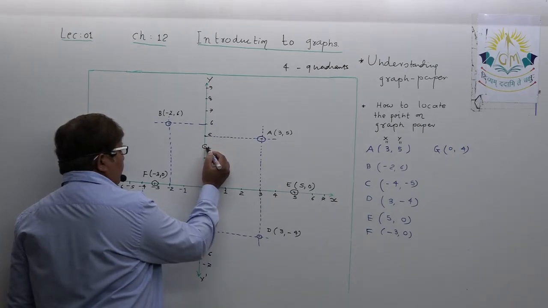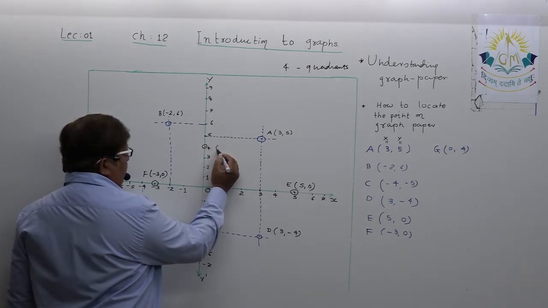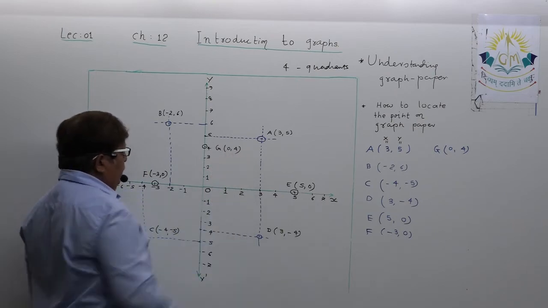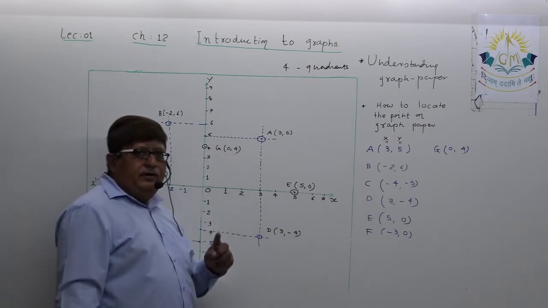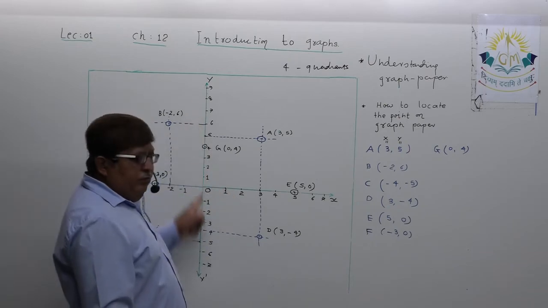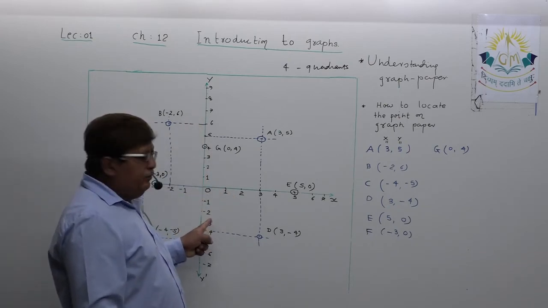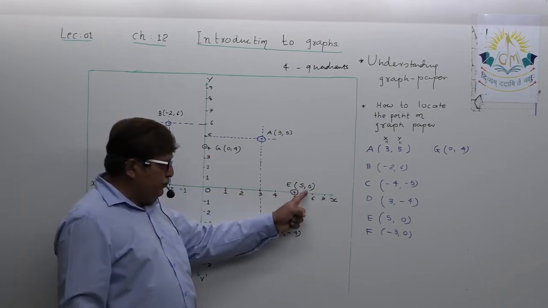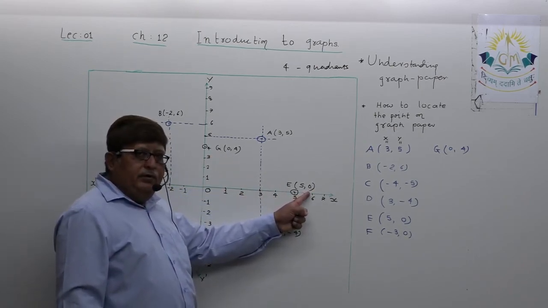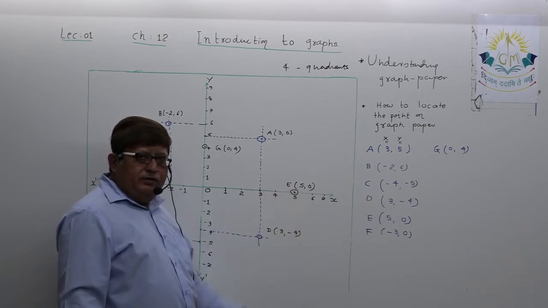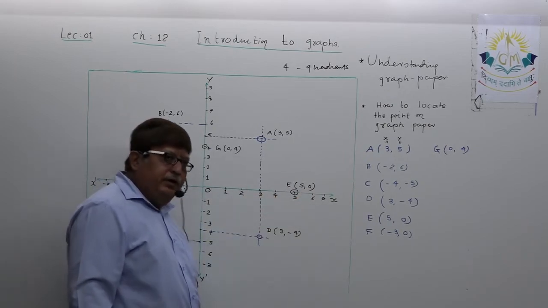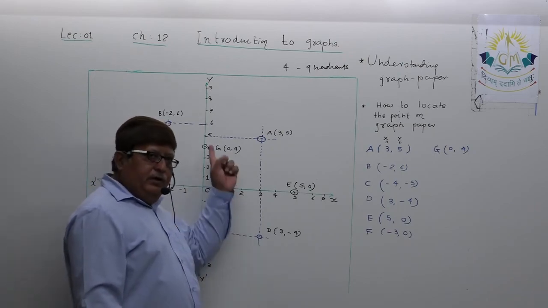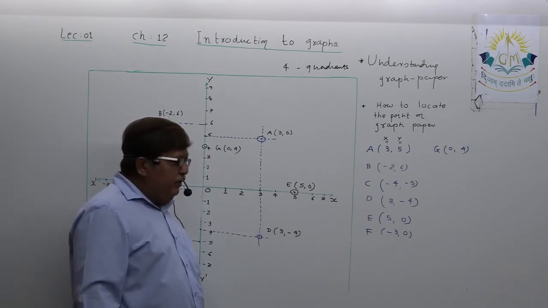So this is your point, G (0, 4). It does not lie in any quadrant, but it lies on the axis. Understand? Any point which has y coordinate 0 will lie on the x axis. Any point which has x coordinate 0 will lie on the y axis. Understand?